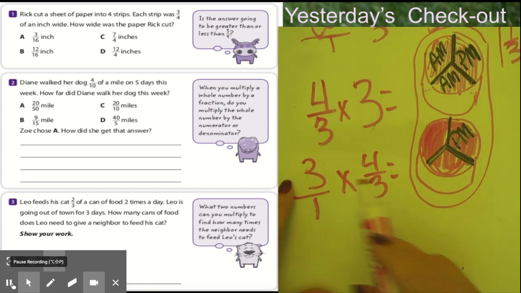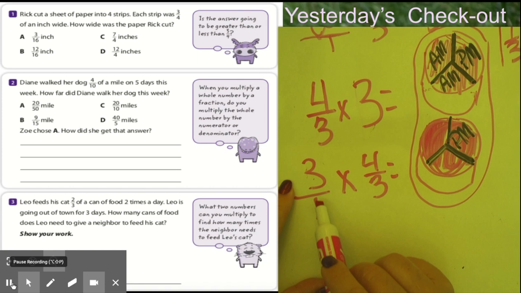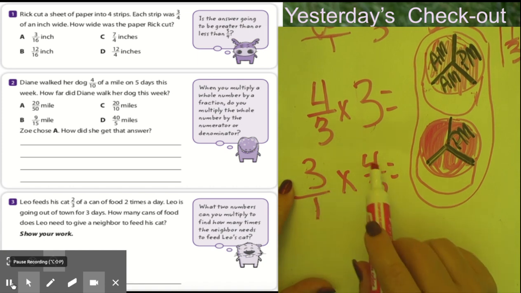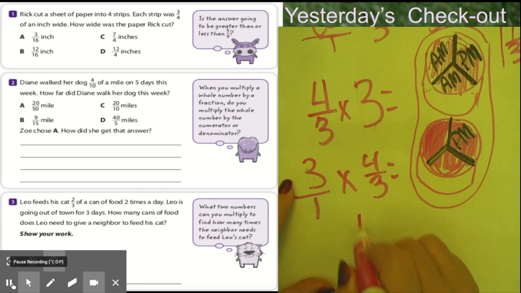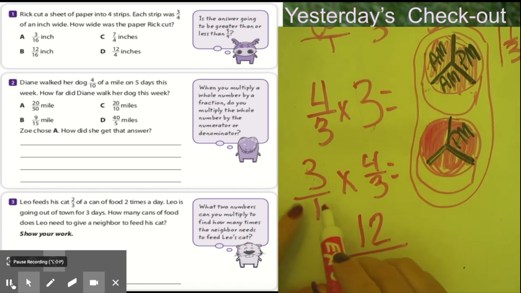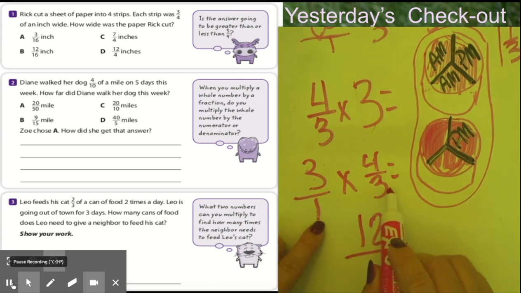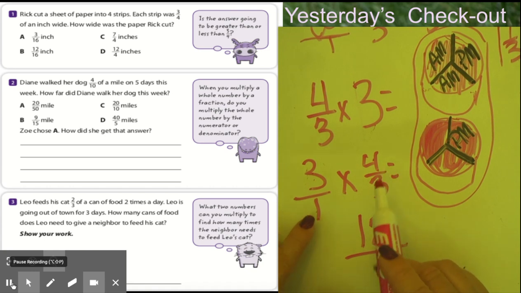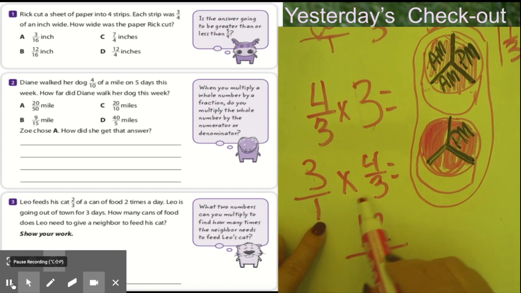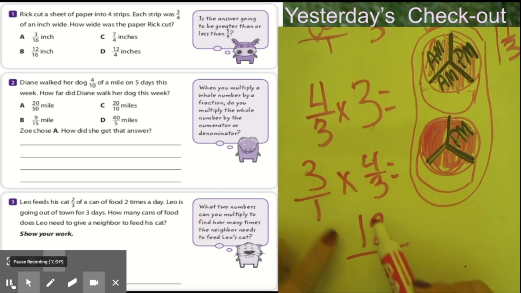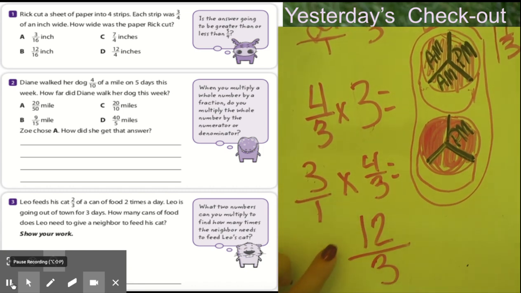So now I have 3 whole days, and I need 4/3 of a can each day. 3 times 4 is 12. And then multiply your denominators. Don't do what Zoe did, and she multiplied a numerator. Don't do that. Denominator to denominator, numerator to numerator, and that's how you write it.